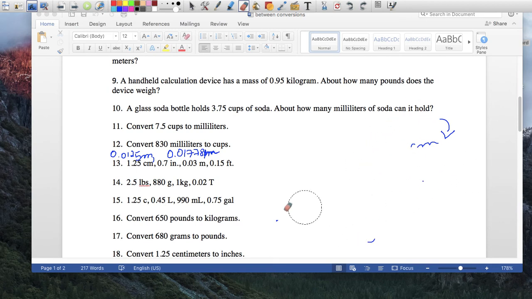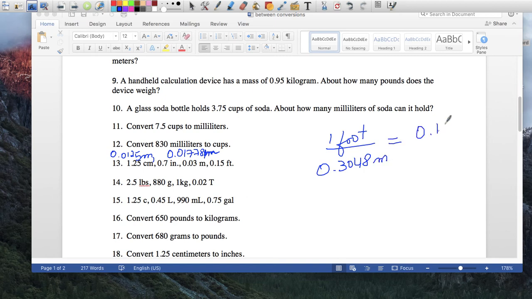So, we need to do one more. We have feet to change into meters. So 1 foot is the same thing as 0.3048 meters. And I have 0.15 of a foot.